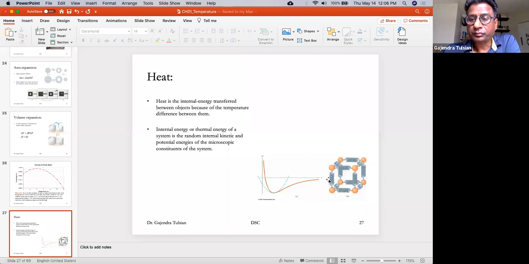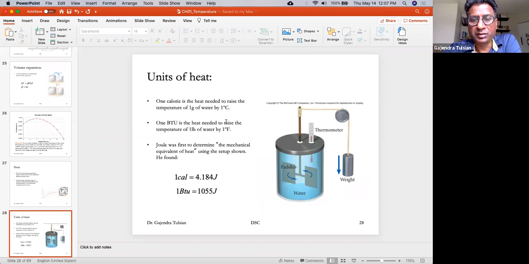And if this object is hotter than another object and it loses some heat, it transfers heat from this object to another object, what is happening is you're losing this internal, random kinetic and potential energy. That's what's being transferred. So internal energy or thermal energy of a system is the random internal kinetic and potential energy of the constituents of the system. Okay? So when we say heat is transferred, it's the internal energy transferred between objects because of temperature difference between them. Okay, so that's what heat is.